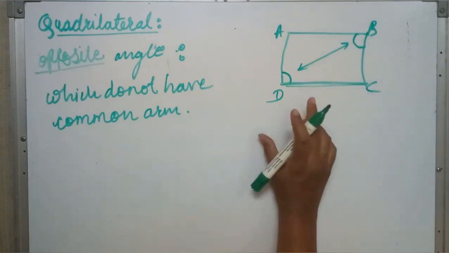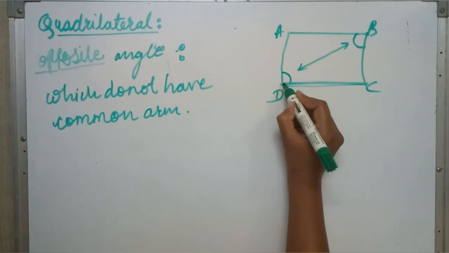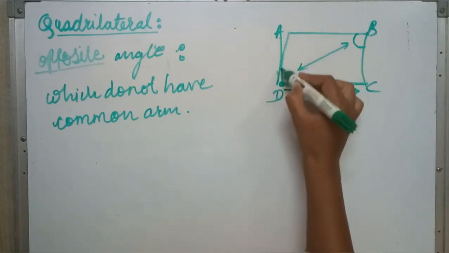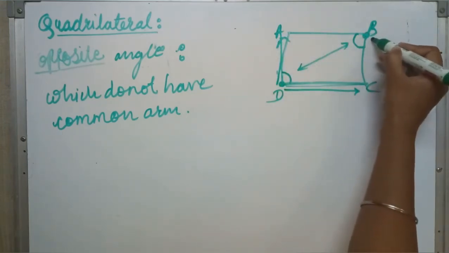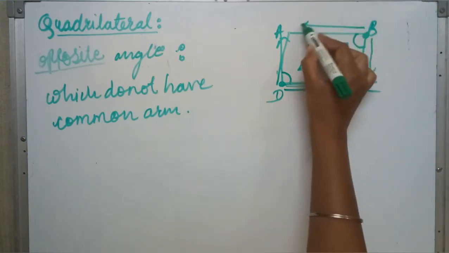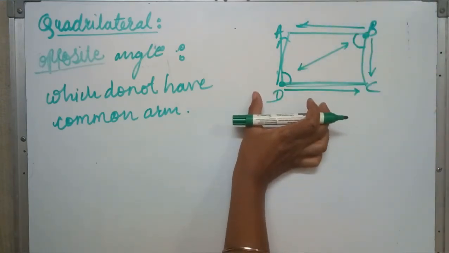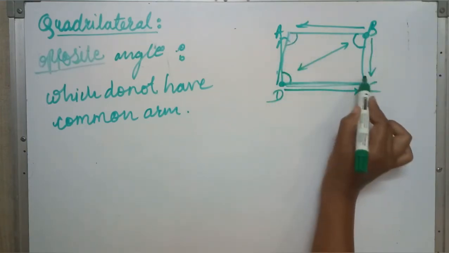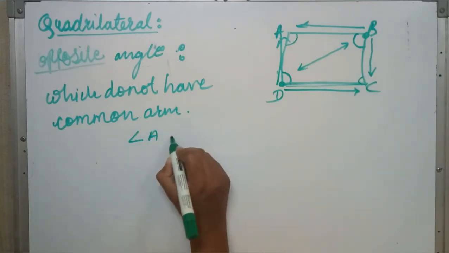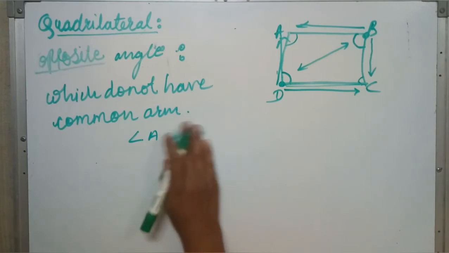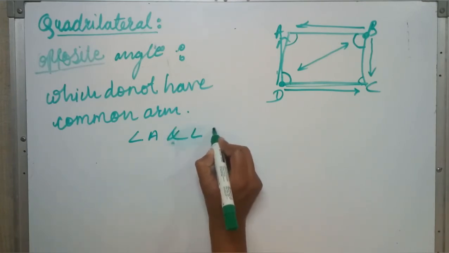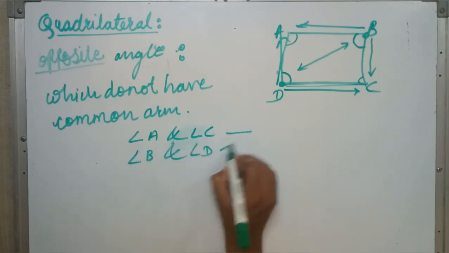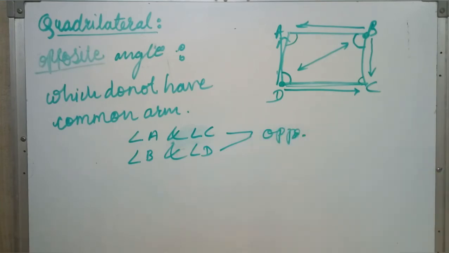So these do not have a common arm, because the arms for this angle are this and this, and for the other angle the arms are different. So the opposite angle of D is B and the opposite of A is C. Angle A and angle C are a pair of opposite angles, and angle B and angle D are also a pair of opposite angles.